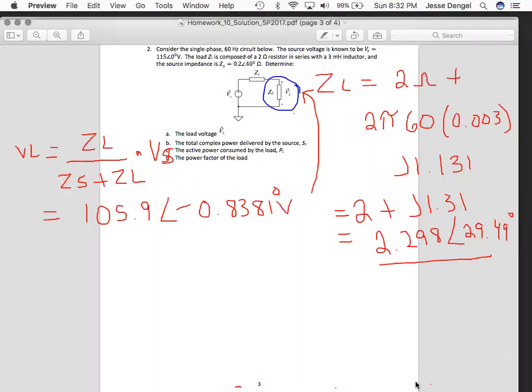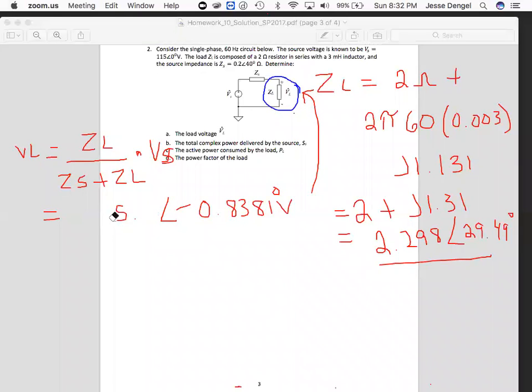The next part B says find the total complex power delivered by the source.